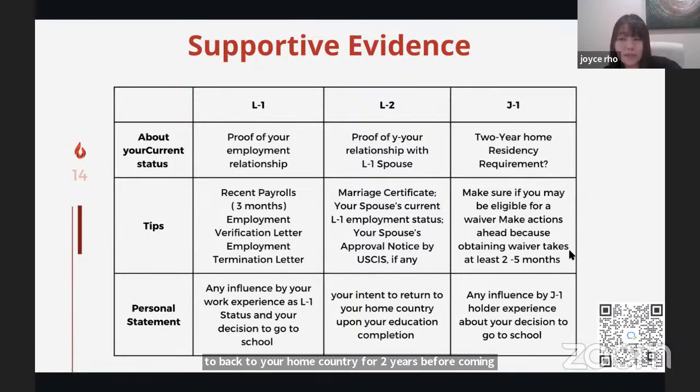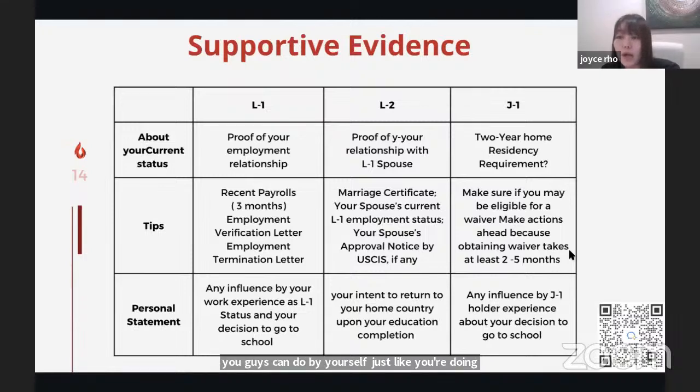If that is applicable to you, then you have to make sure whether you are eligible to get a waiver for such a requirement. Getting a waiver while residing in the United States is possible. Many attorneys help with obtaining a waiver, but you can do it by yourself, just like you're doing the change of status by yourself.